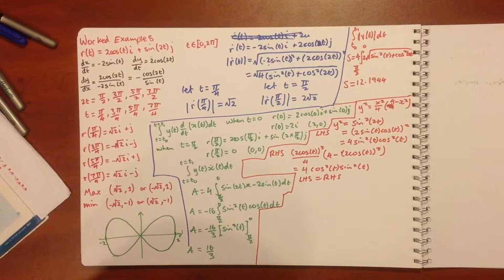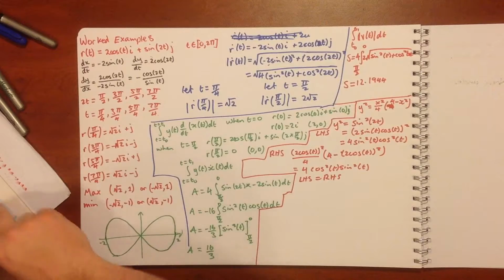I think we're going to be struggling to fit in part H here, so I'd suggest you have a look through that. Part H is: hence verify that the total area bounded by the curve and the x-axis is given by 16 on 3 square units. We had that before.